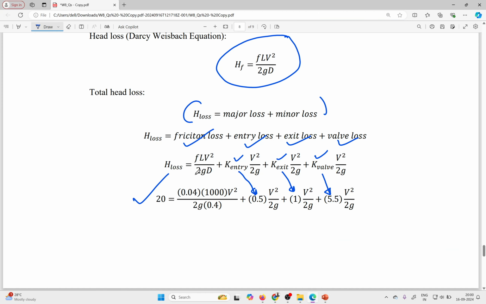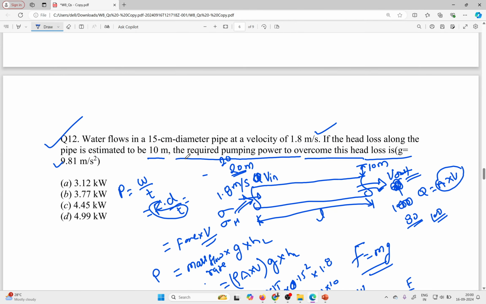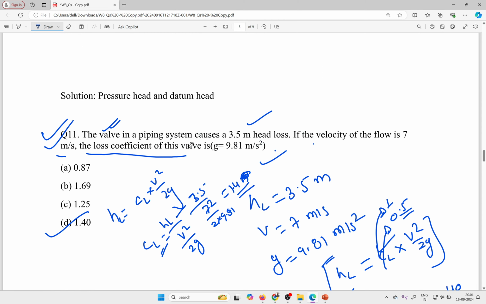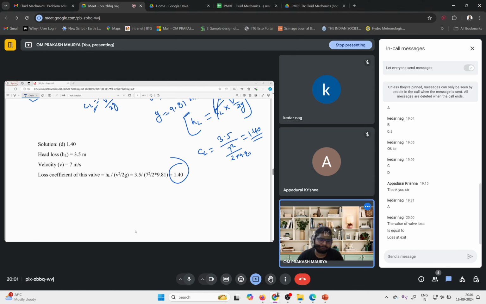No, they are not equal. If you see here, this was the numerical, it was not like that. It will be different because the coefficient of loss will be different now.